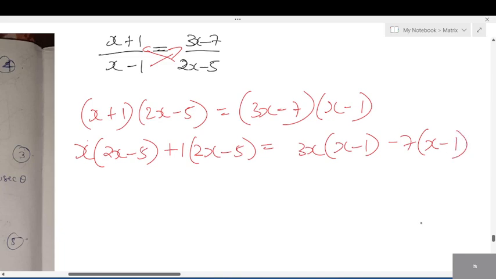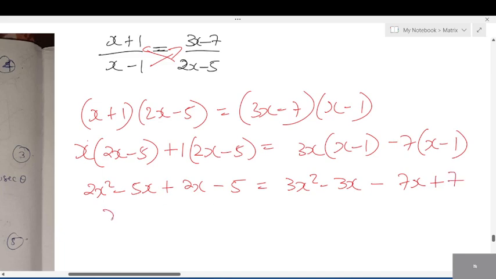Okay, next one. 2x square, 5x plus... is equal to... not minus, plus 7.